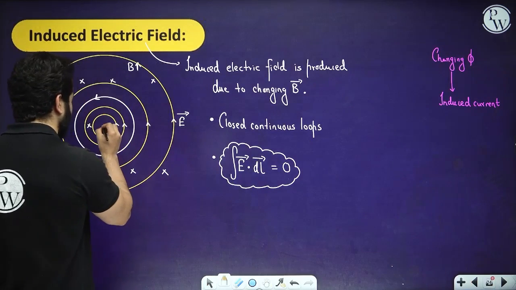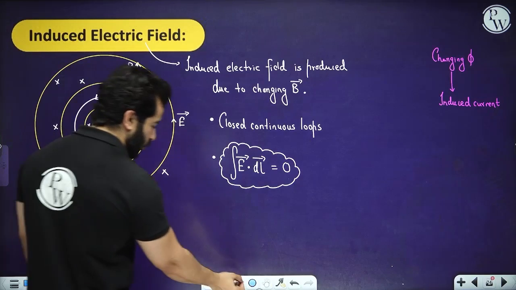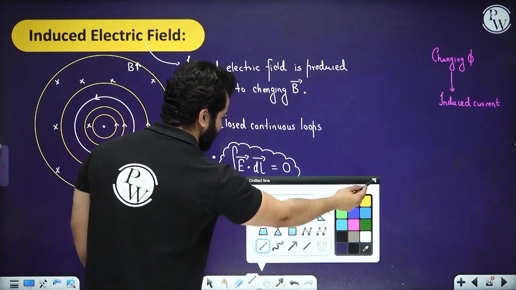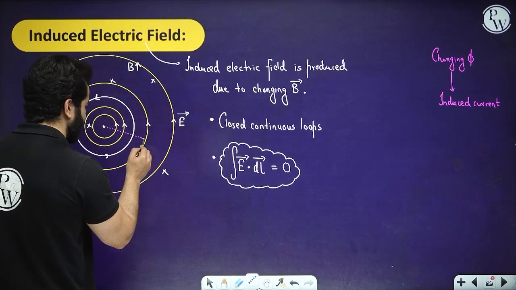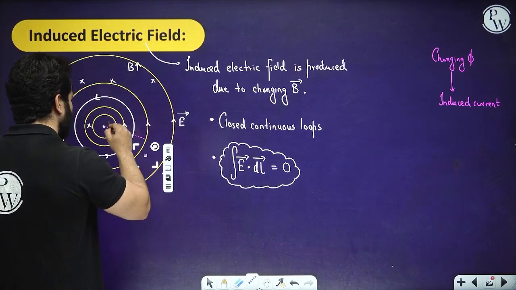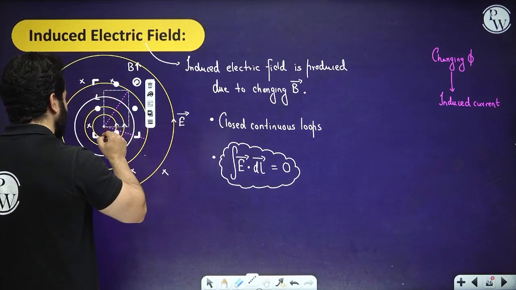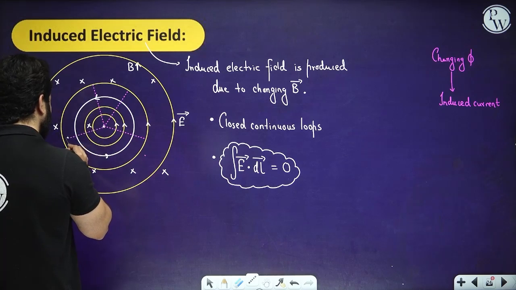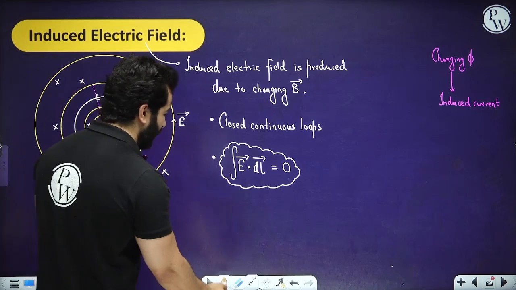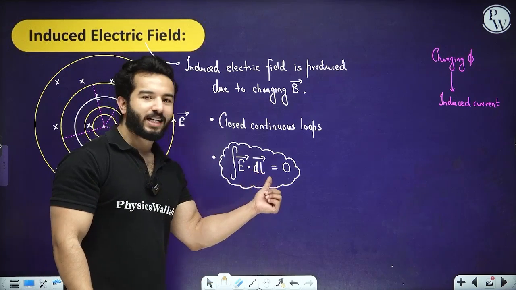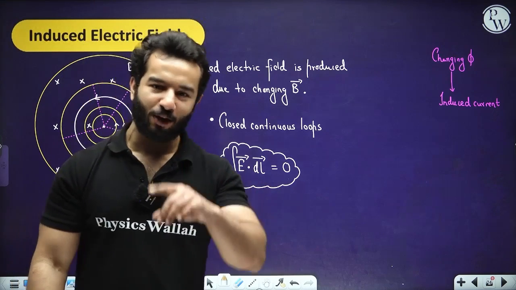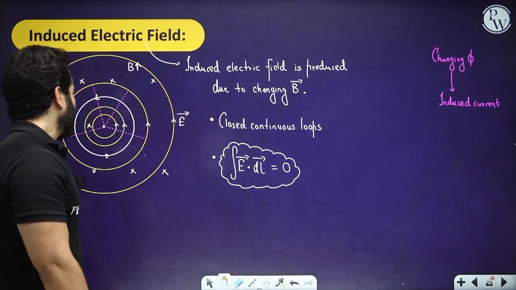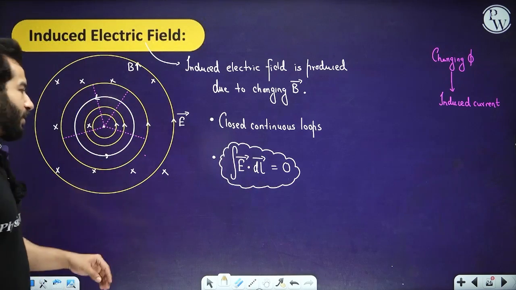Let's suppose you want to find out electric field intensity from the center at any point. Wherever you make a point at this particular distance, electric field intensity will remain the same. So the integral of dl vector will be 0 for a closed loop. Now this is very important.